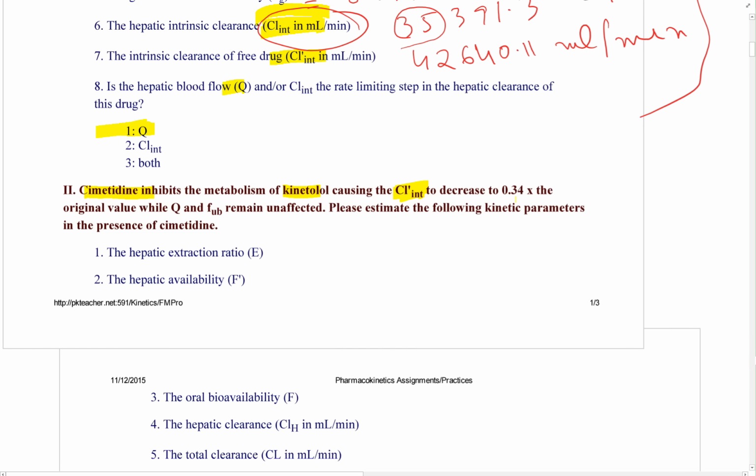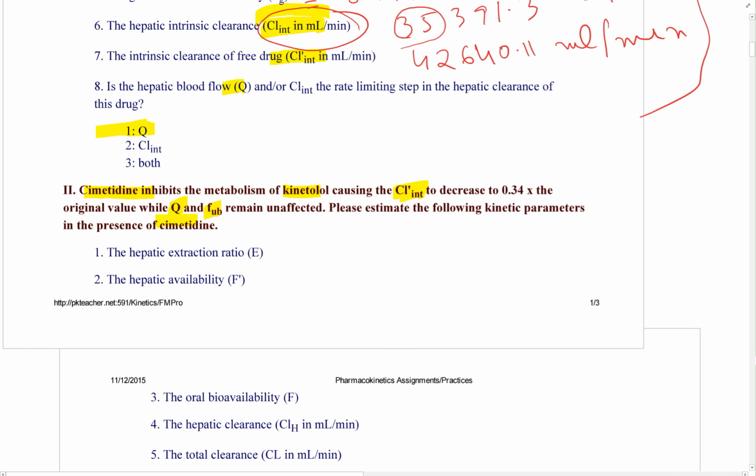But Q and FUB remain unaffected. So now it is asking to calculate the following kinetic parameters in the presence of cimetidine.